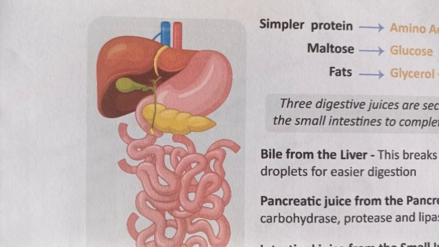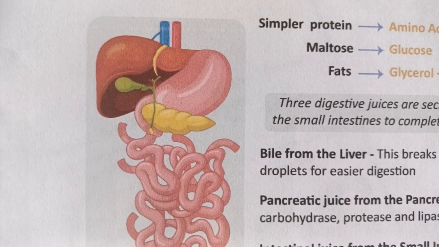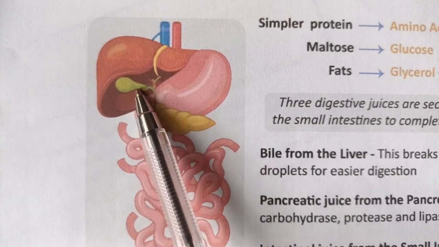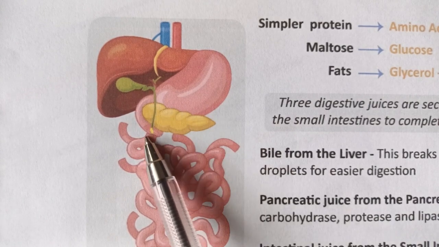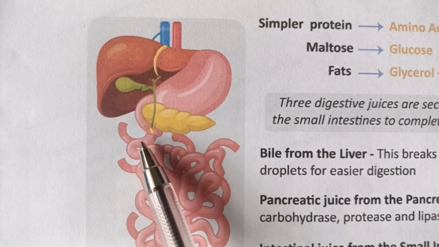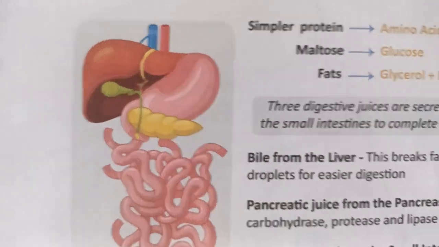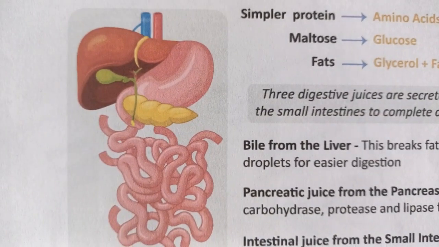So it is made alkaline for the pancreatic enzymes to act. Bile juices that come from the liver and are stored in the gallbladder are secreted into the small intestine. These bile juices act on the fats.